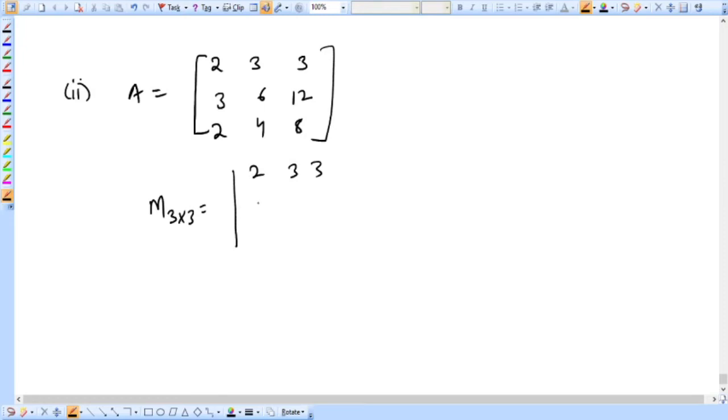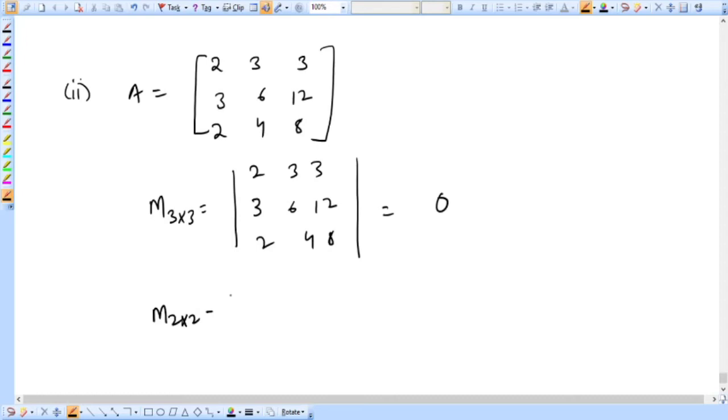If you calculate this determinant, it would be equal to 0. So this is vanishing, it is equal to 0, therefore the rank is smaller than 3. We will stop where we find a minor which is not vanishing. Here the minor is vanishing, so there is no possibility that the rank would be 3. Okay, so let us try to find out the minor of order 2 by 2.